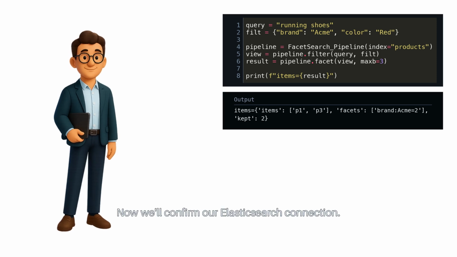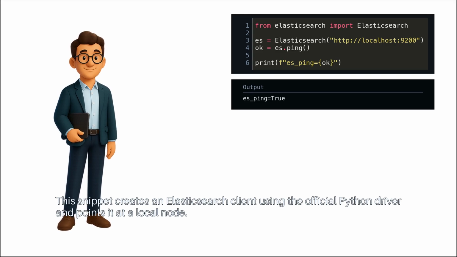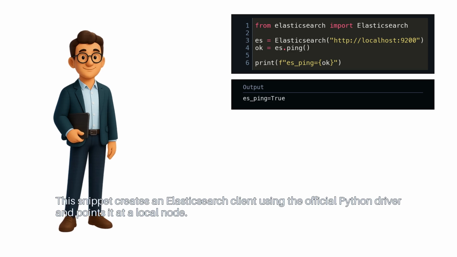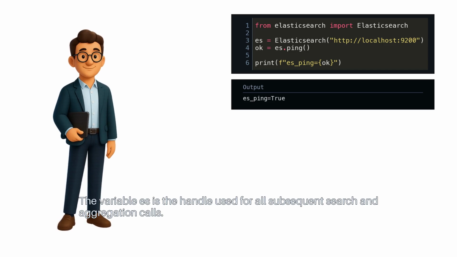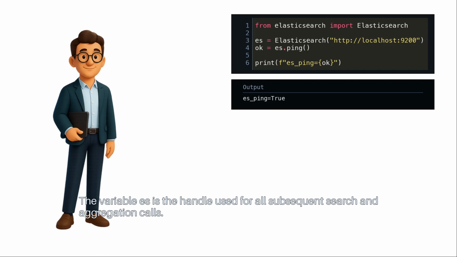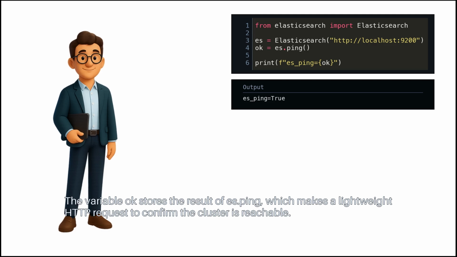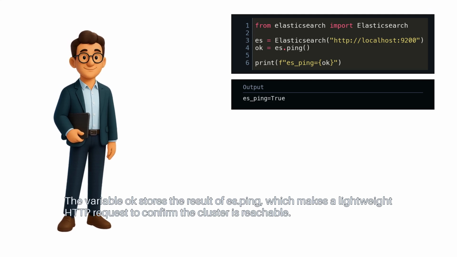Now we'll confirm our Elasticsearch connection. This snippet creates an Elasticsearch client using the official Python driver and points it at a local node. The variable es is the handle used for all subsequent search and aggregation calls. The variable ok stores the result of es.ping, which makes a lightweight HTTP request to confirm the cluster is reachable.